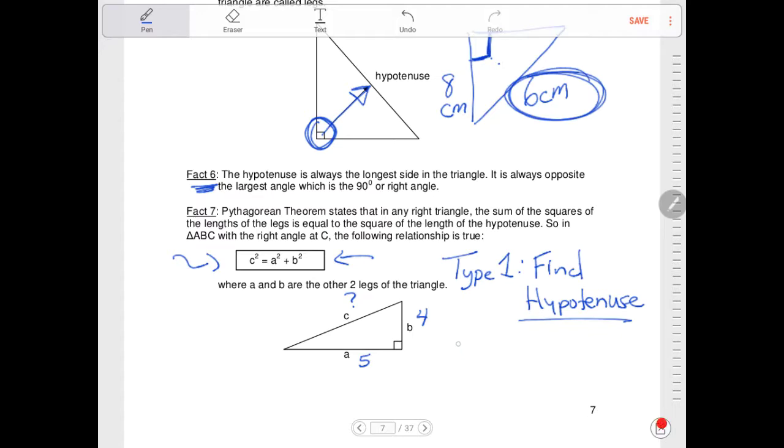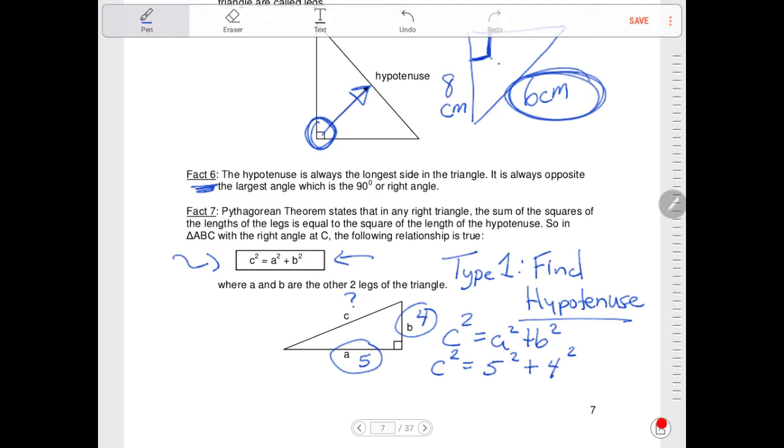Therefore, the formula looks like this. C squared equals A squared plus B squared. This is the formula you're going to use when you are missing the hypotenuse. The other thing you're going to notice here then is that C squared stays vacant. You have nothing to put there. And you have A and B, and it looks like this. You would go A, so you have 5, and you have to square it, plus 4, and you have to square it.